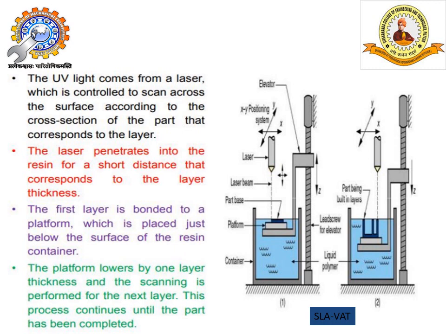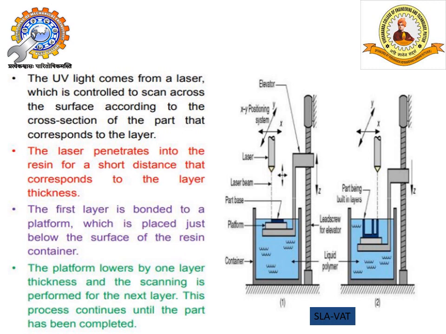That is how these layers are built over each other, hence we call it a layer by layer technique. After that, the first layer is bonded to the platform, because the platform is the base which holds the part, placed just below the surface of the resin.